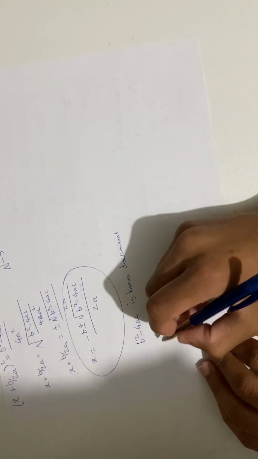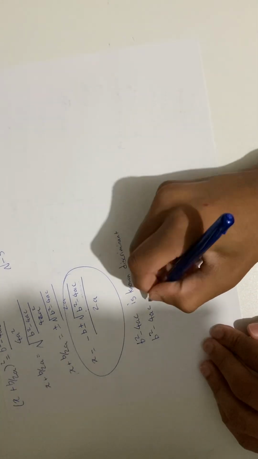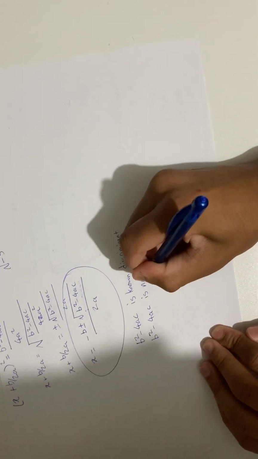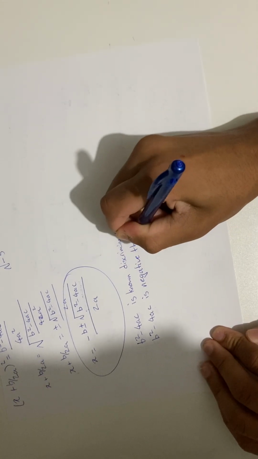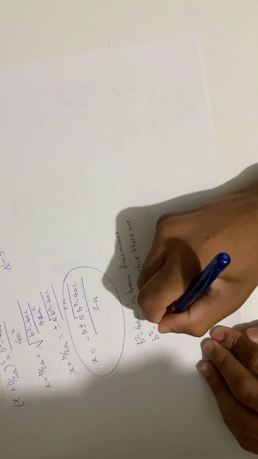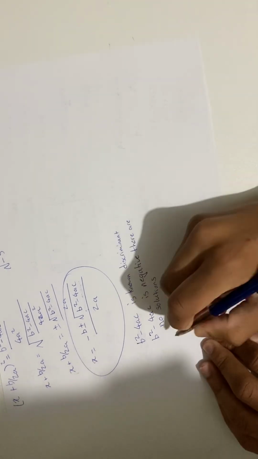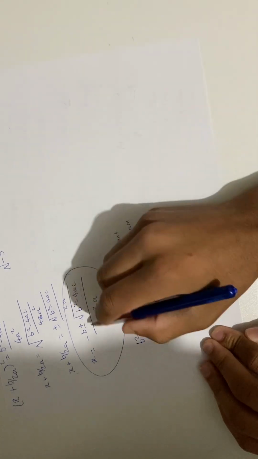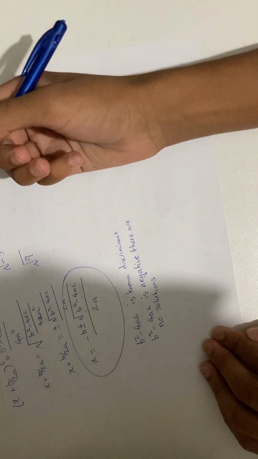However, if b squared minus 4ac, sorry, let me just write this down, is negative, there are no solutions. However, if this is a positive number, for example, the square root of 9, then obviously you can solve it.